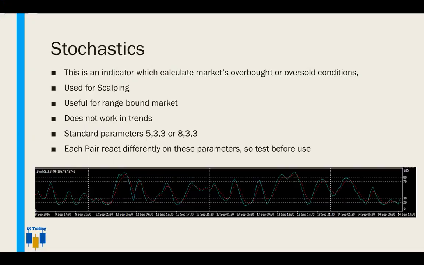Then this indicator helps me to give an entry point and an exit point. Normally, if the price is at the support, and if it is above this 20 line, that's my entry signal. When the price actually reaches the top and comes back down to the 80, that's my sell signal on stochastic.